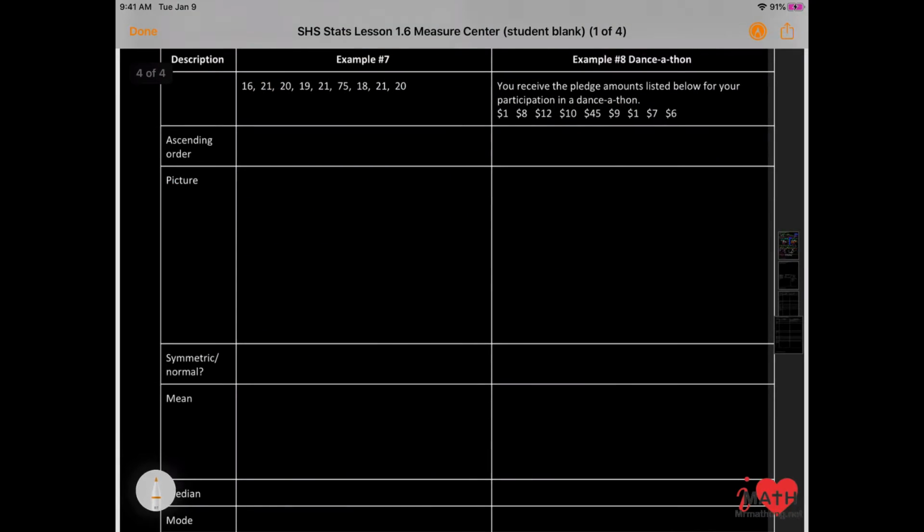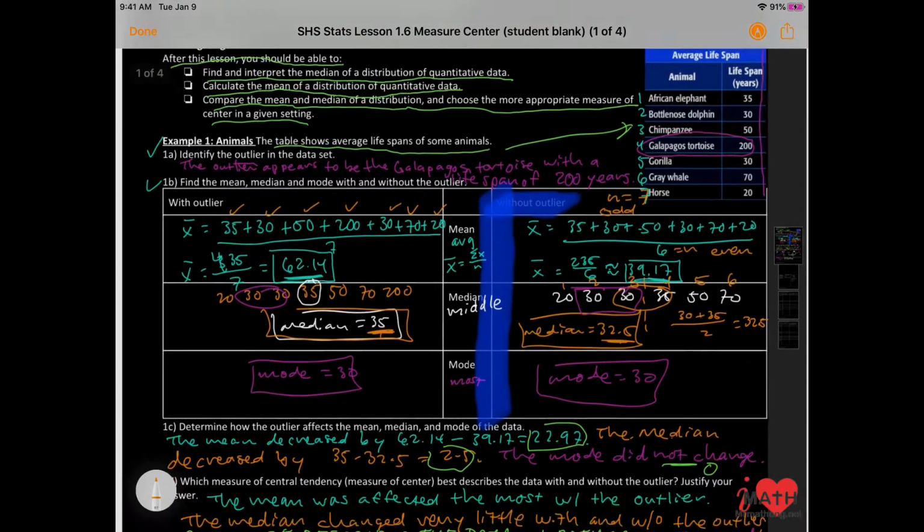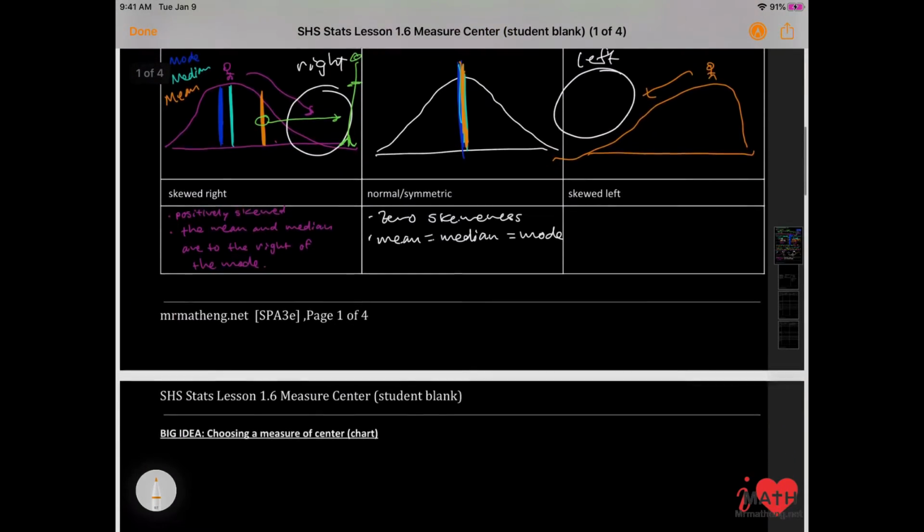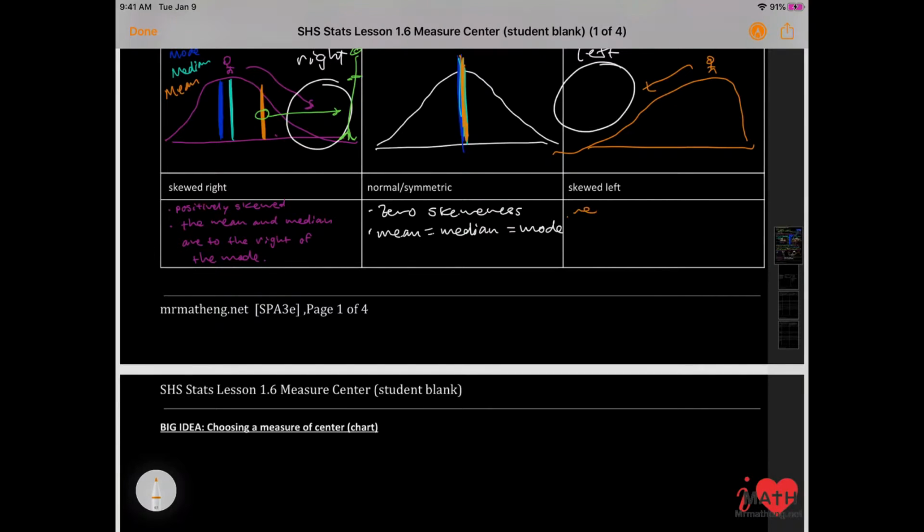All right, let's try it over here now with left, okay? They would call this one negatively skewed. All right, big idea for this one is, where is the mean and median?